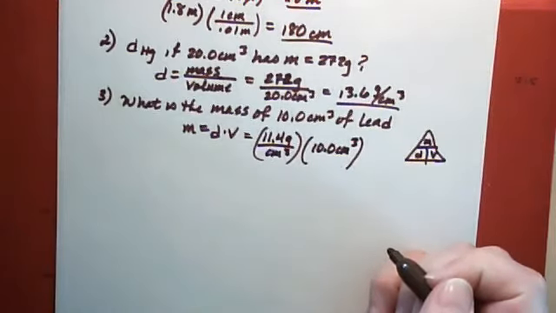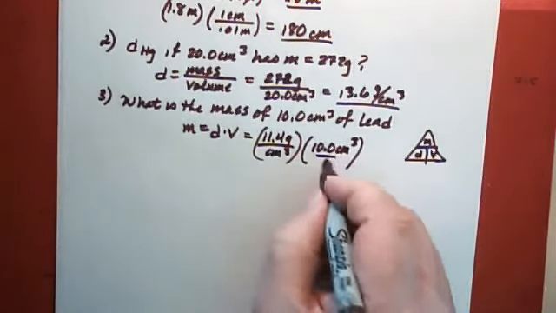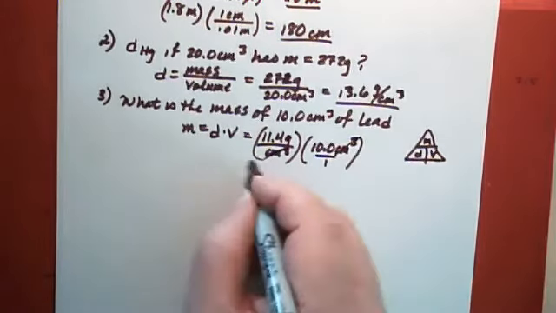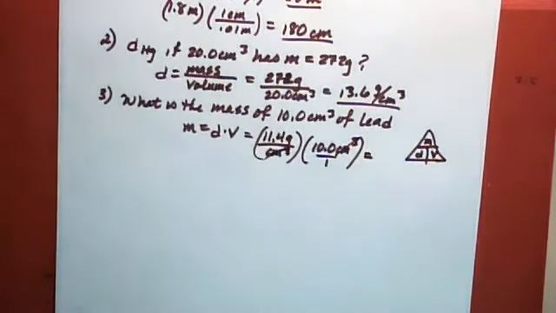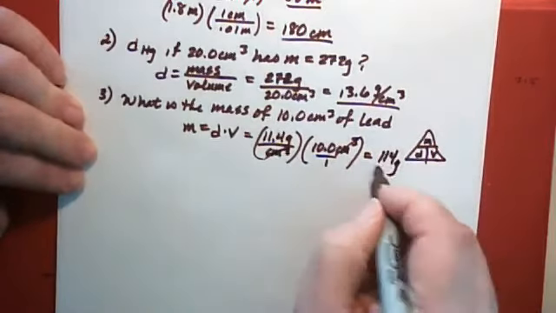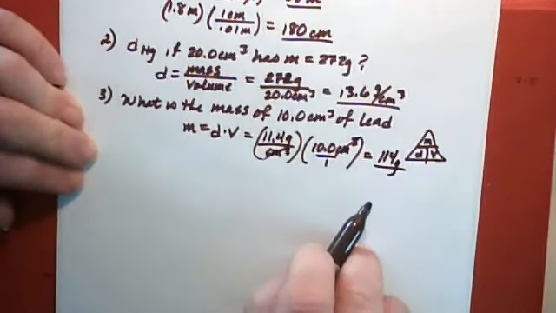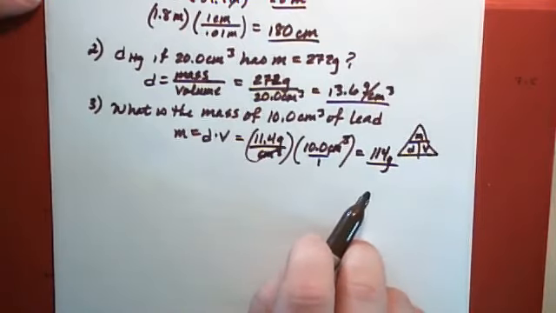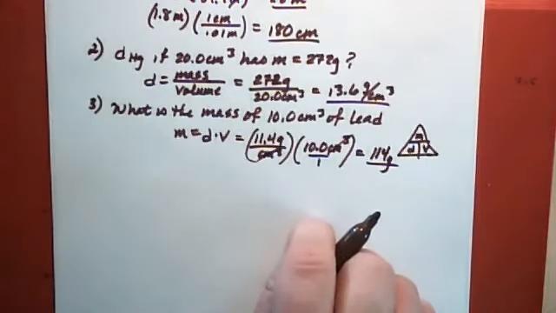And we have 10 cubic centimeters, and that's equivalent to being over 1. You notice that cubic centimeters cancel out, and we end up with grams. And 11.4 times 10 would be 114. 3 significant figures, 114 grams.